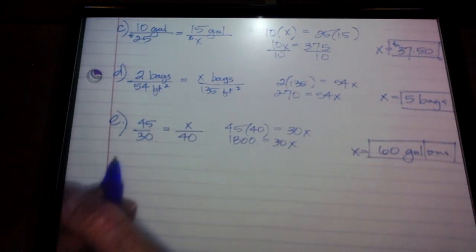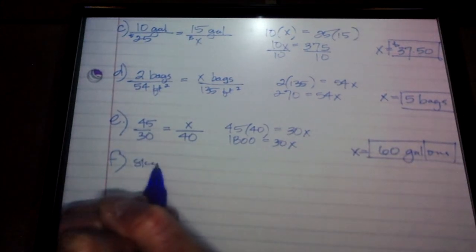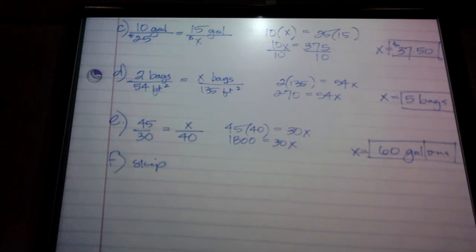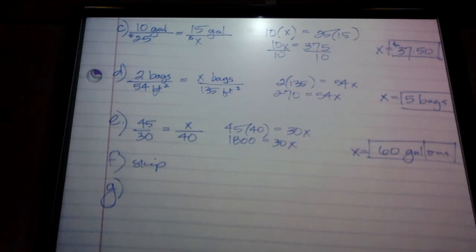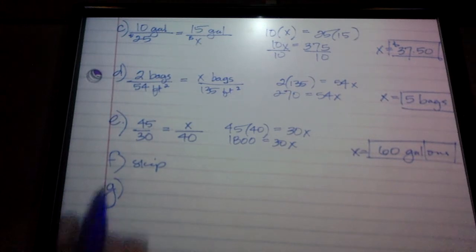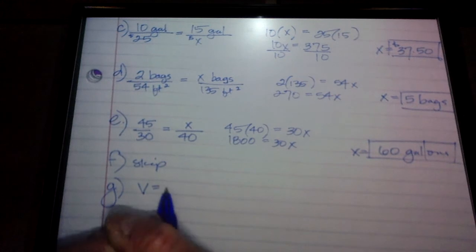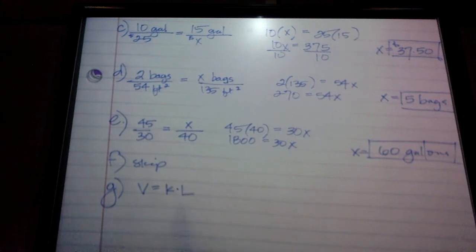We are going to skip part F. Part G, it says to use example number 4. And in example number 4, they told us about volume, and it has a direct variation. So I know volume equals the constant of variation times length. You don't have to solve it that way, though.